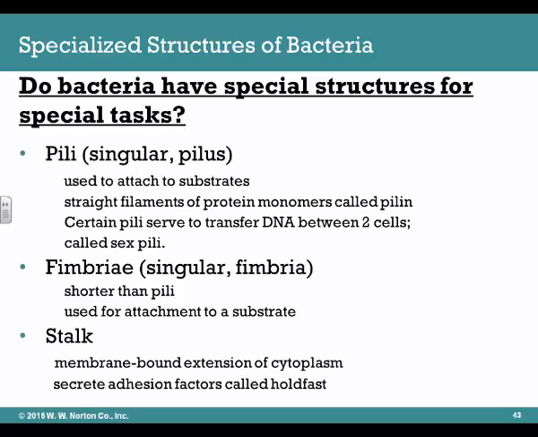Again, this is an important step in the pathogenesis for bacteria that are pathogens. In the case of human pathogens, they need to attach to our tissues before any colonization can occur. So these help in that first step of pathogenesis.